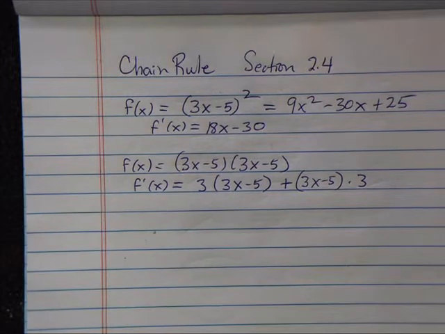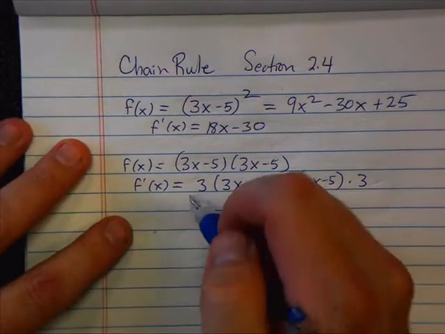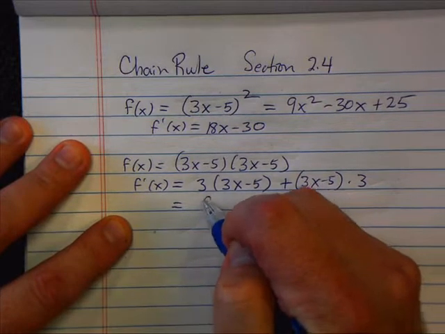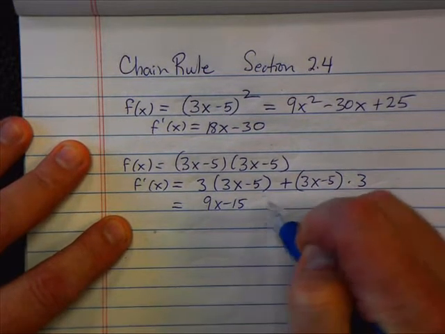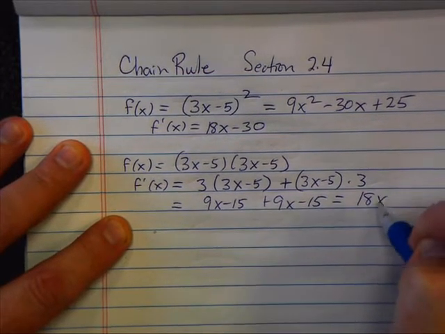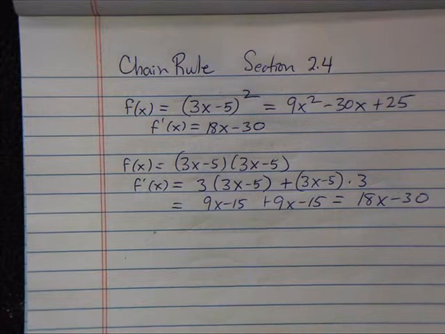True, in this case, it doesn't matter which one you leave alone and which one you take the derivative of, because they are exactly the same. But we'll do it by the rules anyway to make sure we understand the rules. All right, so we can distribute, clean this up. 9x minus 15 plus 9x minus 15. And the good news is we get exactly the same answer, 18x minus 30.